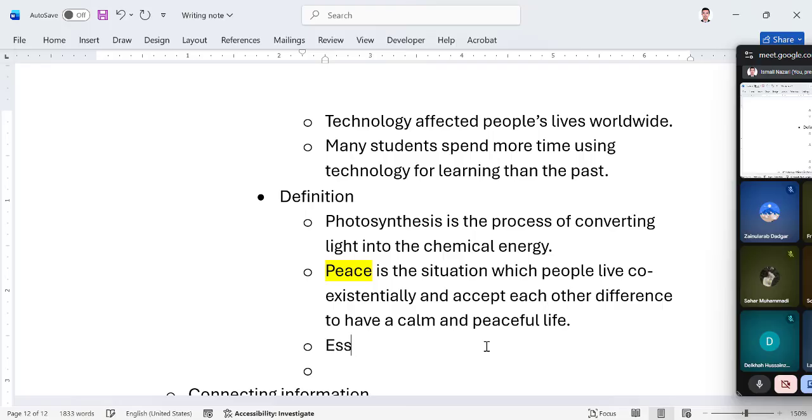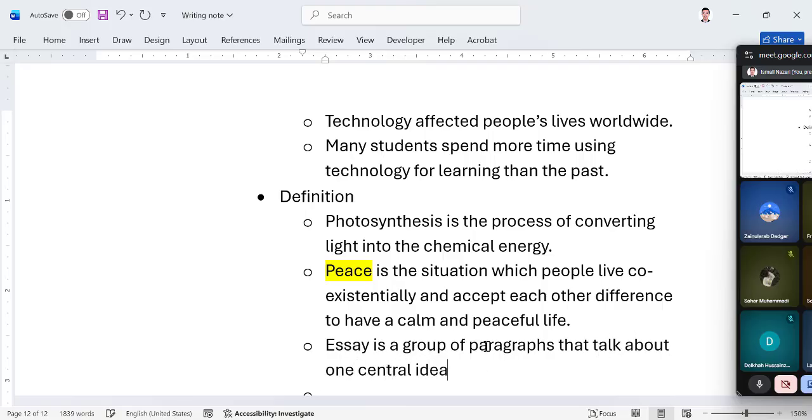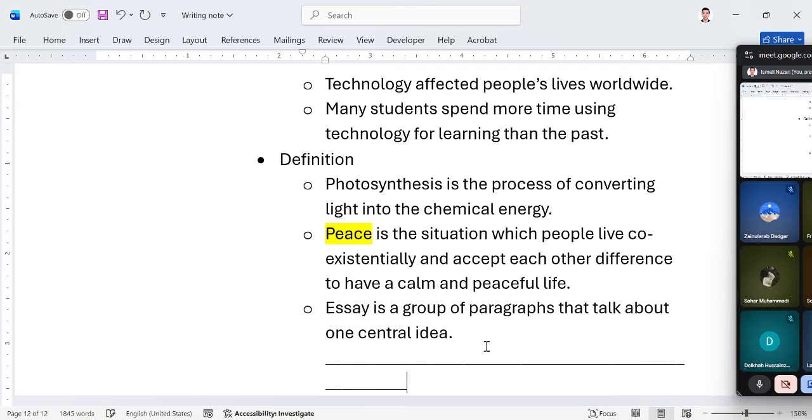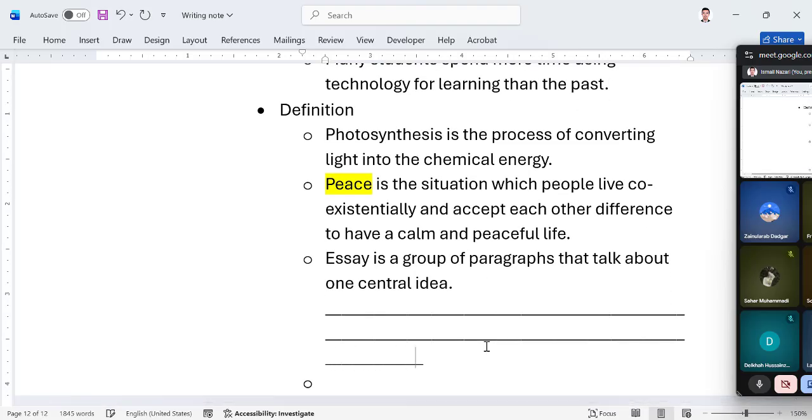Essay is a group of paragraphs that talk about one central idea, and then in the background information you will give more information on what is the purpose of the essay, why do we have essay, and so on. And at the end, in the thesis statement, you will have the description on how many parts this essay has. So it makes an essay itself.